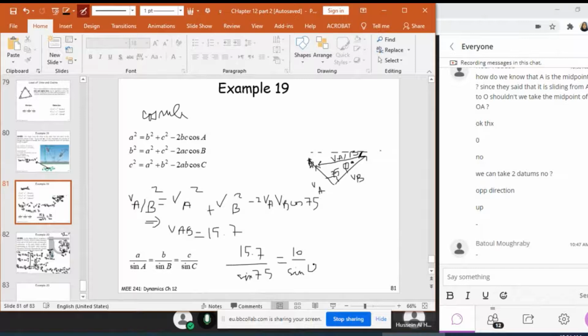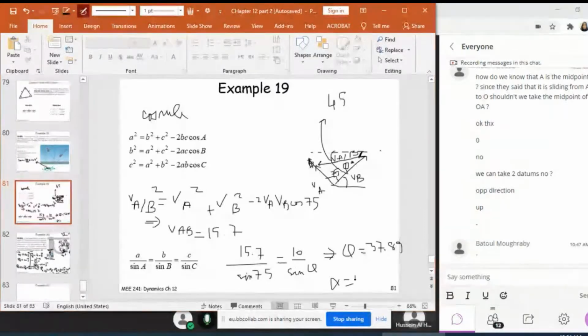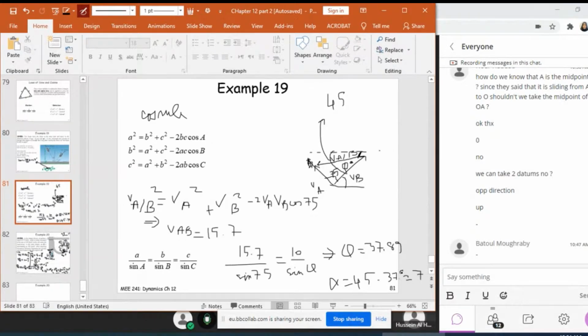So whenever I know phi, guys, I can find alpha. Let's say phi is equal to 37.89. Because in fact, this whole angle is equal to 45. So alpha will be equal to 45 minus 37.89, which is around 7.11.